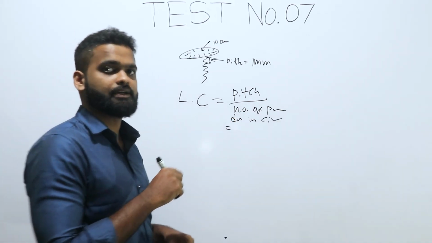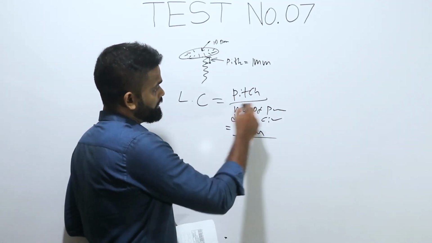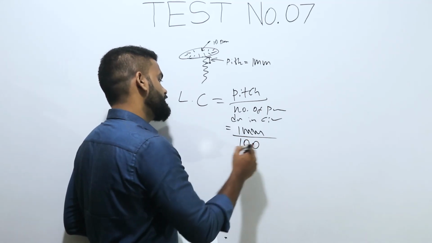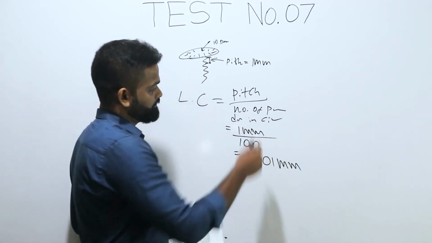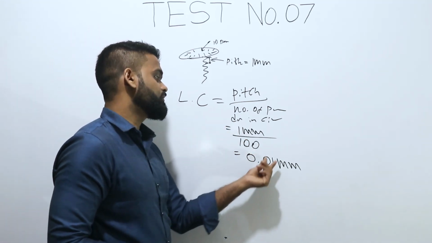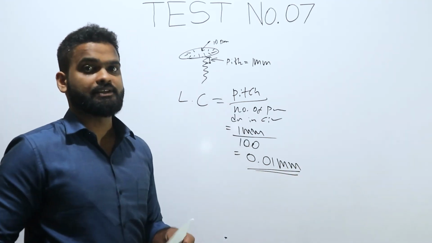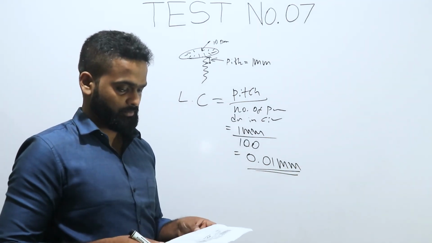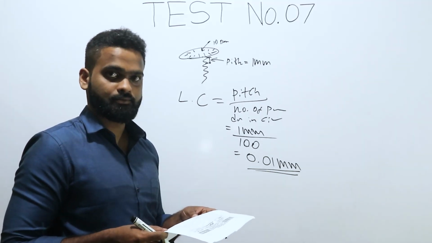So the pitch here is 1 millimeter, and the number of parts divided is 100. So this should be 0.01 millimeter. So that's the least count of this screw gauge. So the answer should be the fourth one for that question.